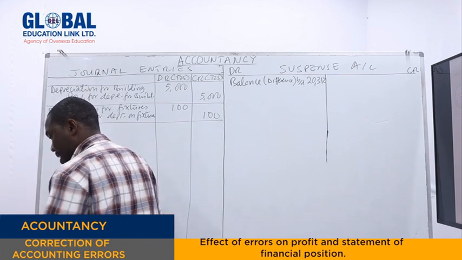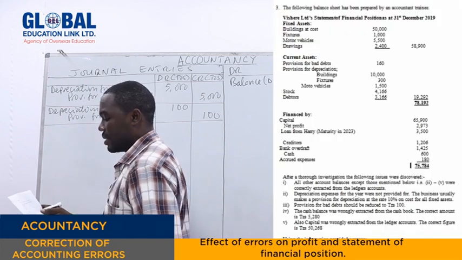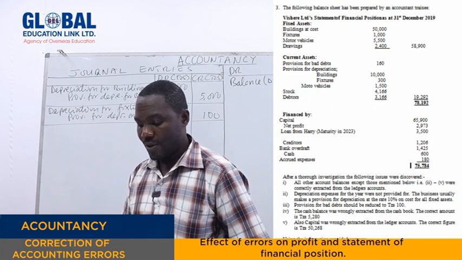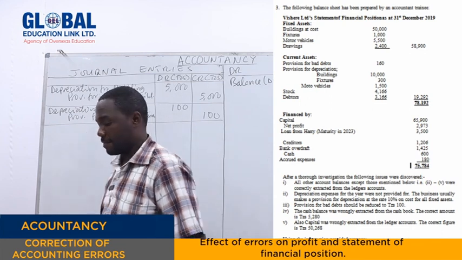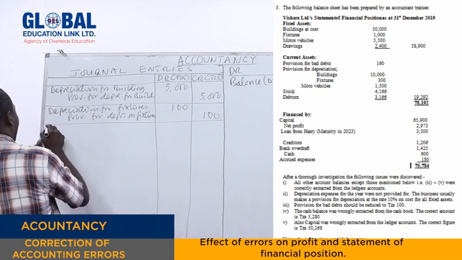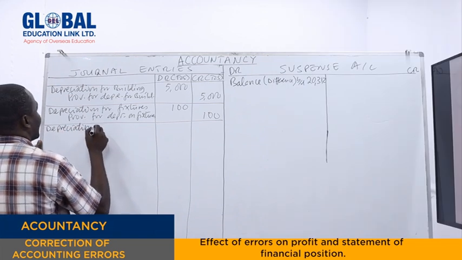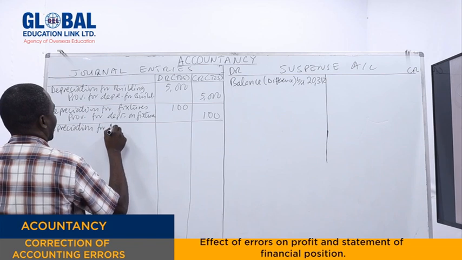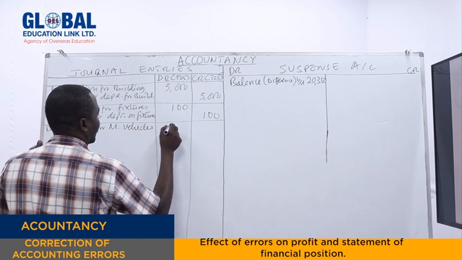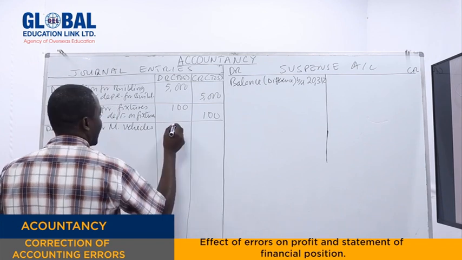The third item is motor vehicles. It was 5,500. 10% for motor vehicle will be 550. We provide depreciation for motor vehicle. It will be 550.